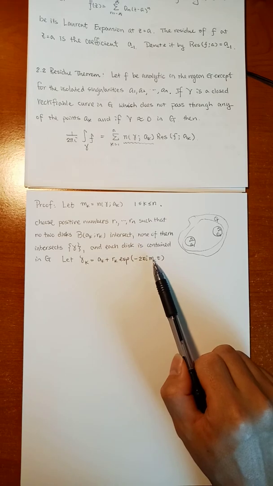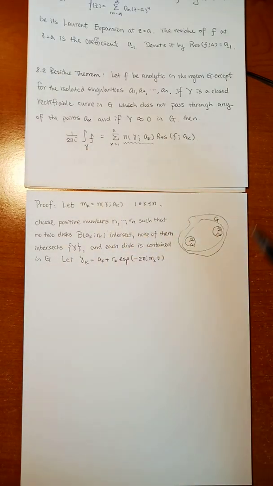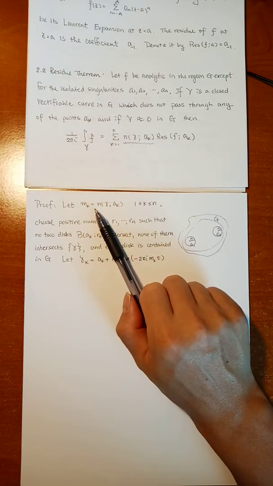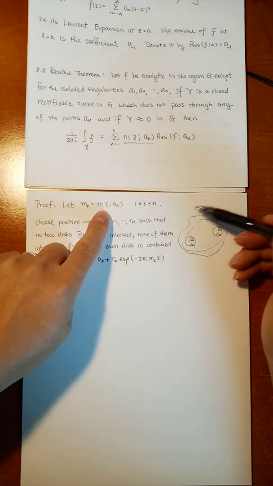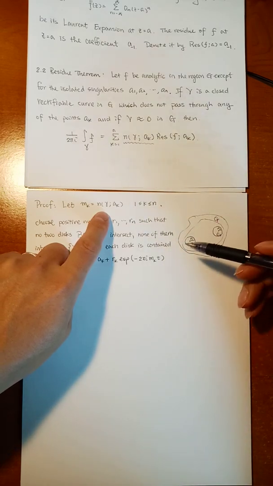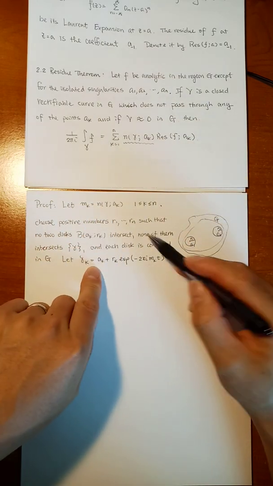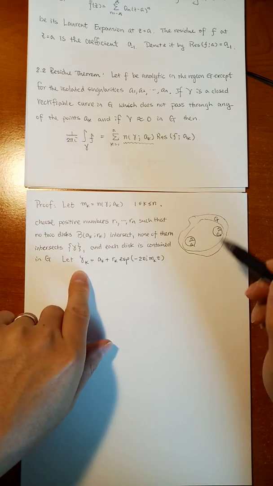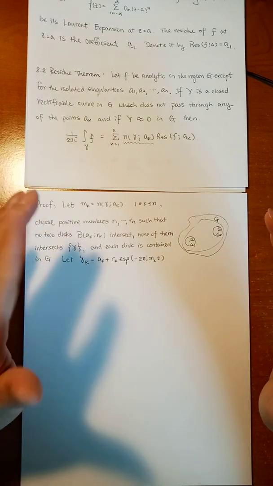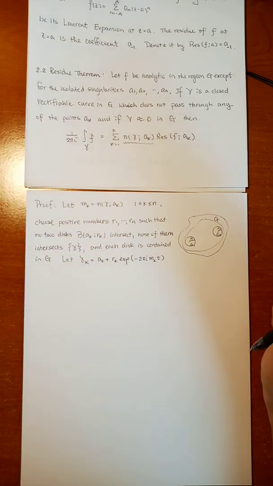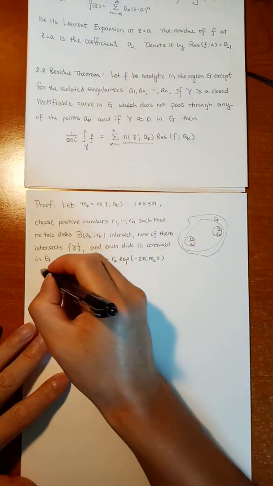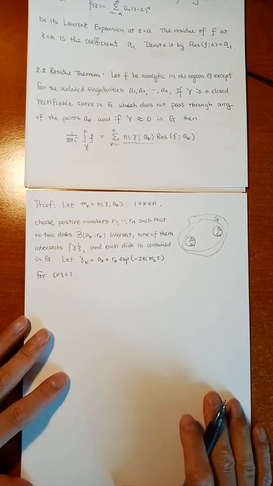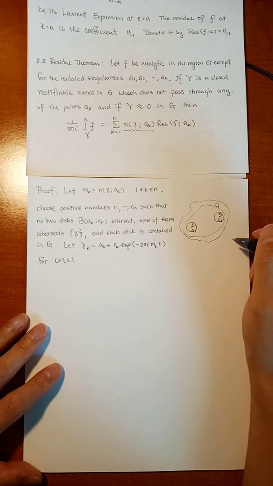If m_k is a positive number, negative means clockwise orientation. So if the original gamma has a positive winding number, then this gamma_k will give you the negative winding number. Those gamma_k are used to cancel the winding number behavior, for t between 0 and 1.